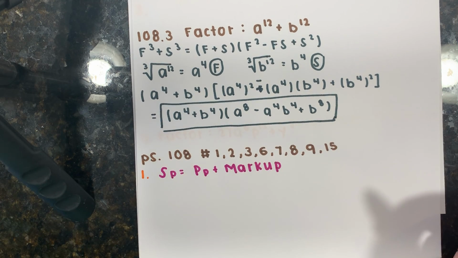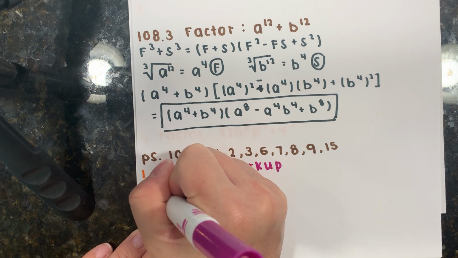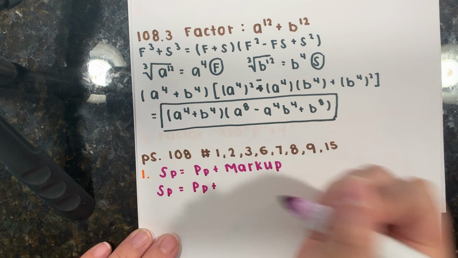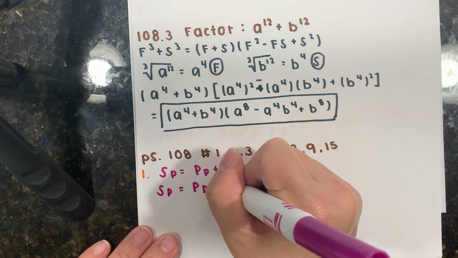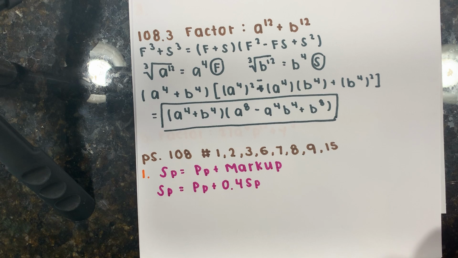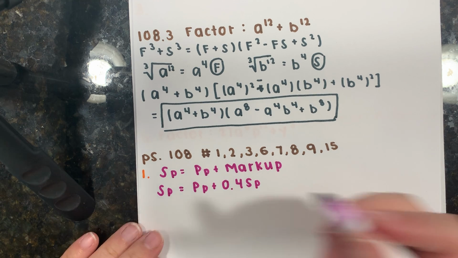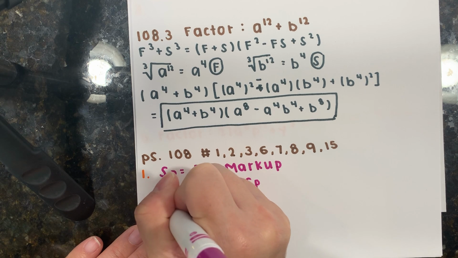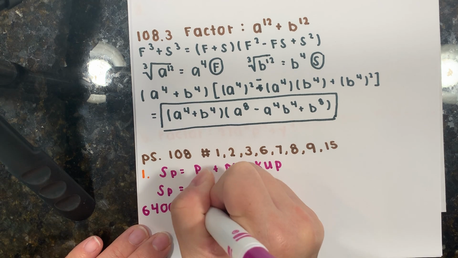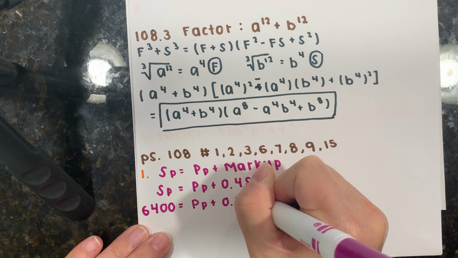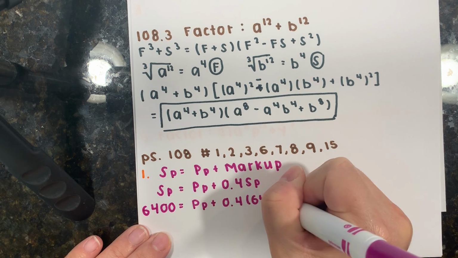On this problem, they tell us that the markup is, you should have written 40% of the selling price, so 0.4 of the selling price. Now the selling price is $6,400, so that would be $6,400 equals purchase price plus 0.4 $6,400.